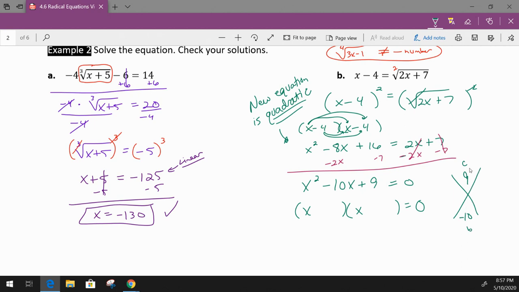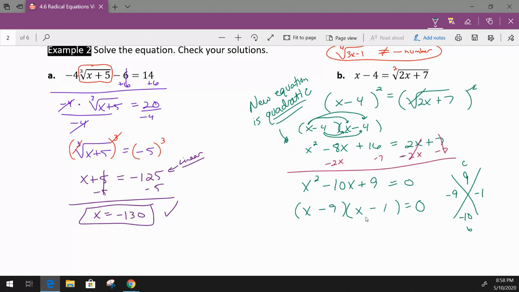The only factors of 9 that add up to 10 are 9 and 1. But in order for them to add up to a negative 10, they both have to be negative. So negative 9 plus negative 1 does equal negative 10, and they also multiply to equal the positive 9. So that's why negative 9 and negative 1 do work as your factors.